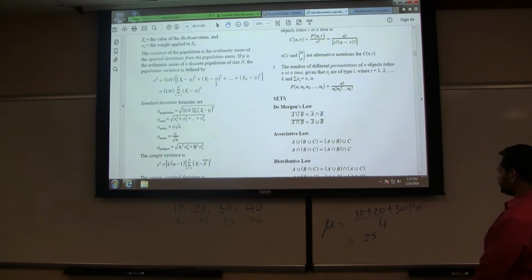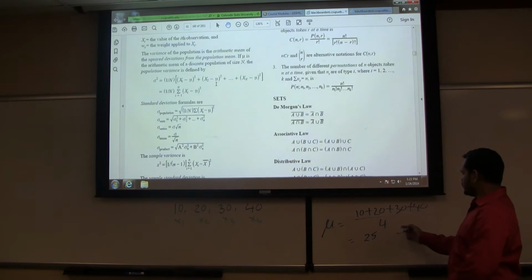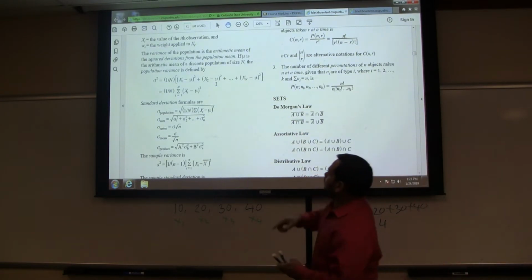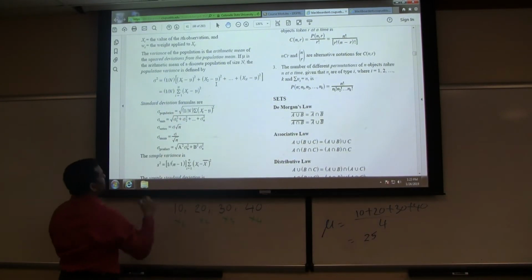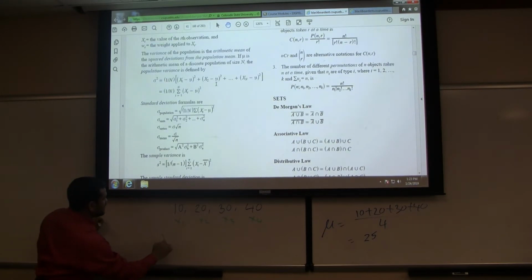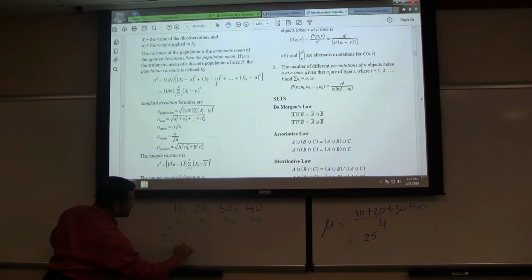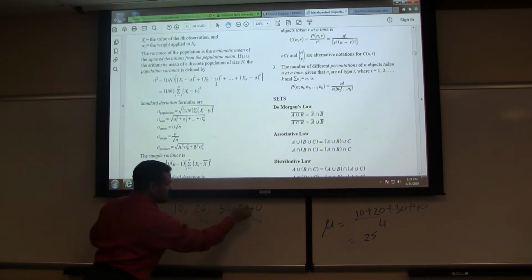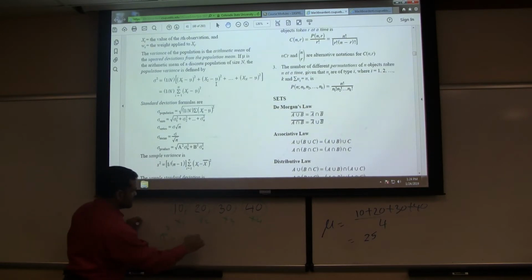Check one more time: 10 plus 20 is 30, another 30 is 60, plus 40 is 100, divided by 4, so 25. Then I can easily find my population variance. What is this? It is sigma squared, 1 over n, that means 1 over 4. My number of data is 4.